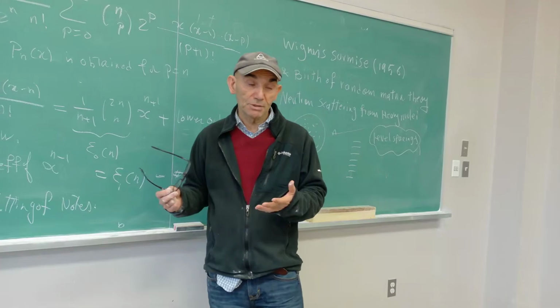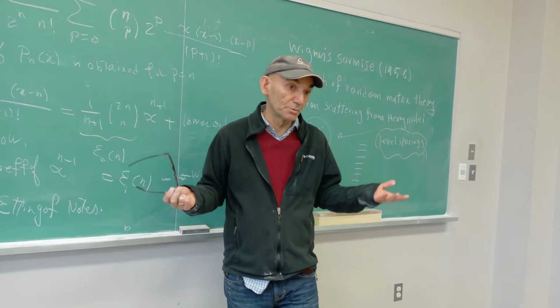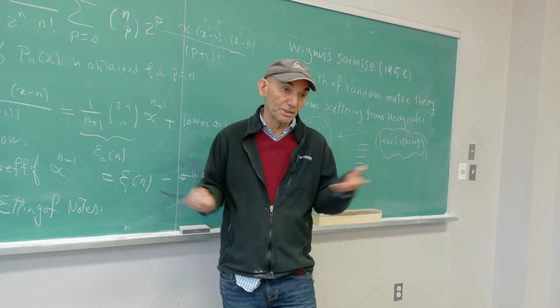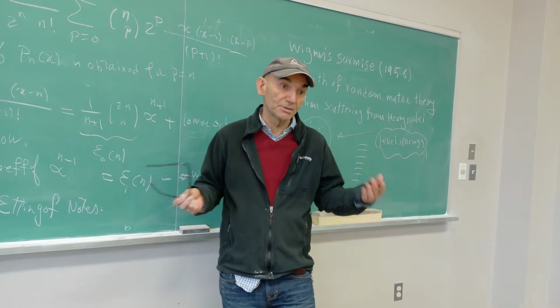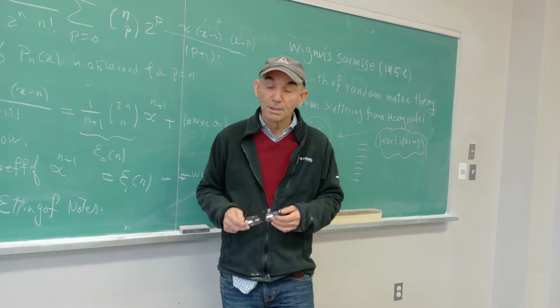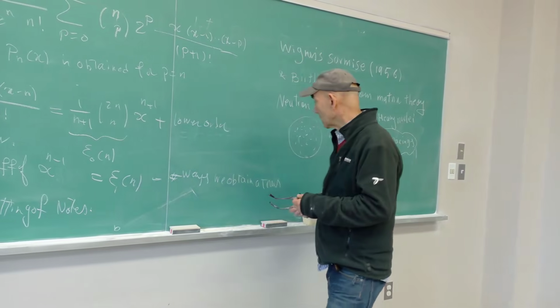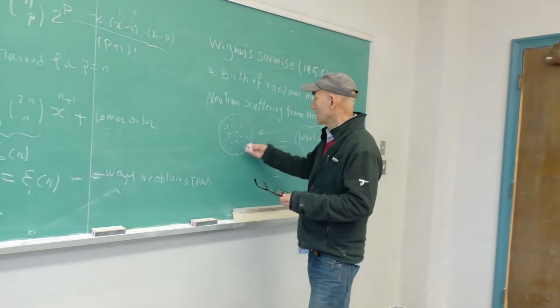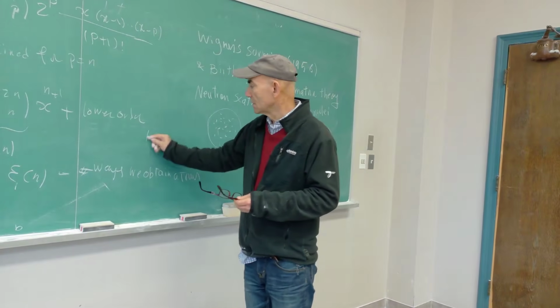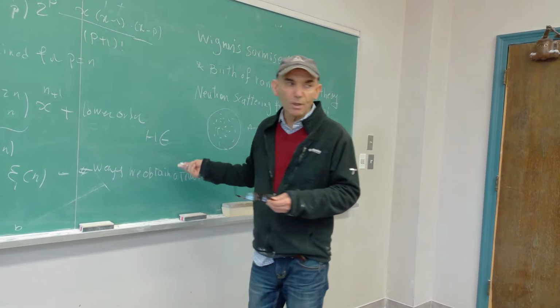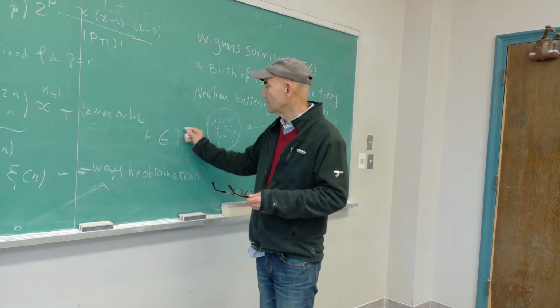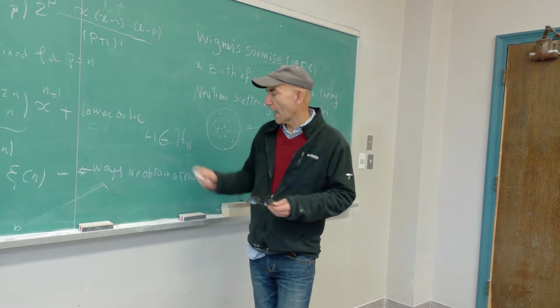Now, why Hermitian? Because they know that the Hamiltonians should be Hermitian, because the eigenvalues, the energy levels, have to be real, and these are Hermitian always. So his idea was that, okay, I take a matrix H belonging to some ensemble of matrices, H_n.